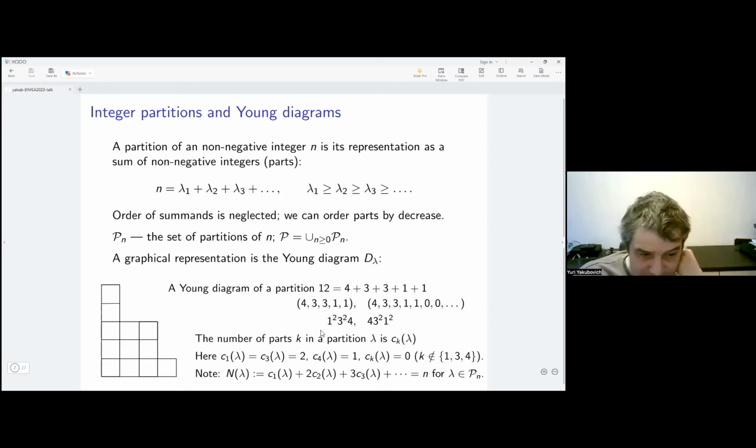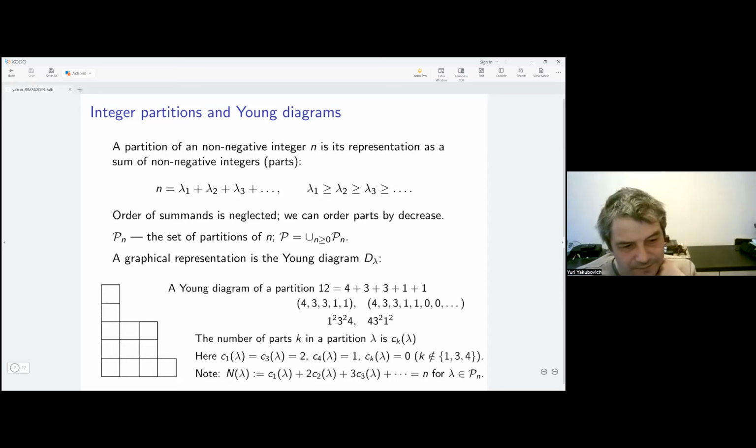list is to count how many times each part enters our partition. We skip zero counts. So this notation means that 1 is present twice in our partition, and 3 is also present twice, and there is one 4, and we don't write the power 1, as usual.